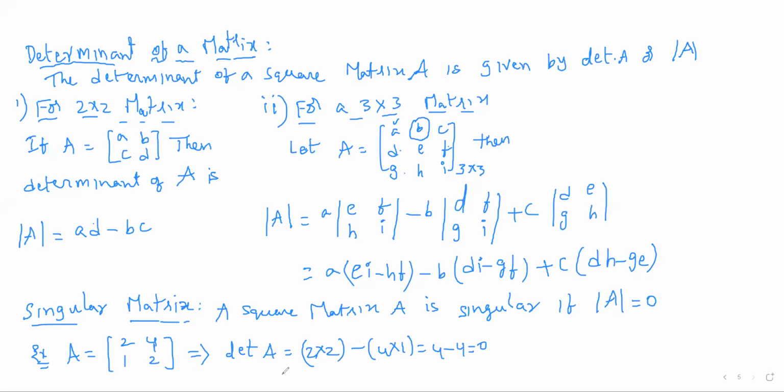So as its determinant is 0, capital A is a singular matrix. Otherwise, let us see, it is a non-singular matrix.